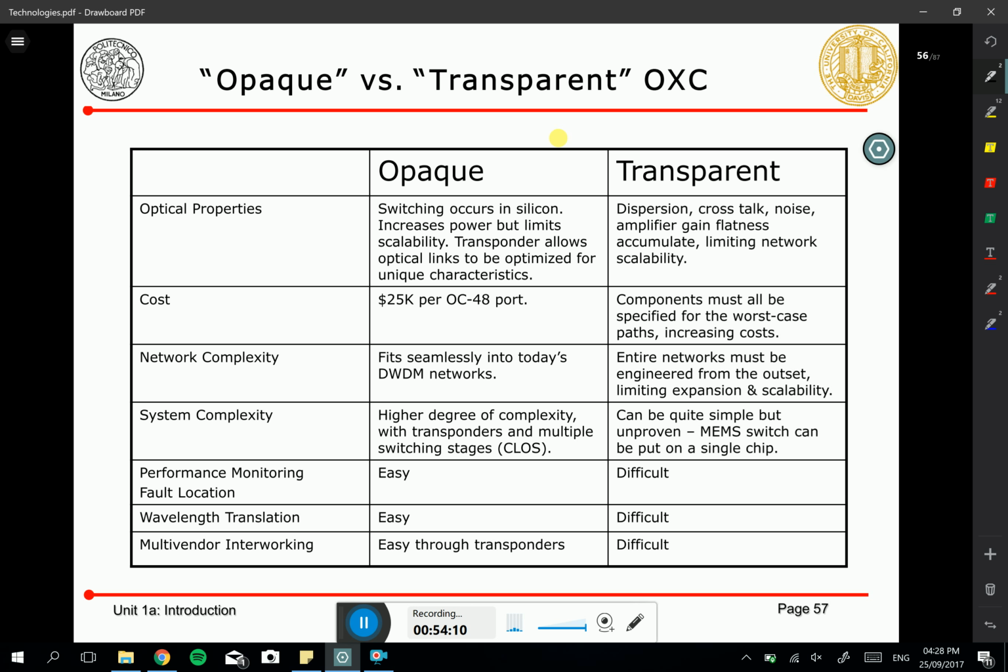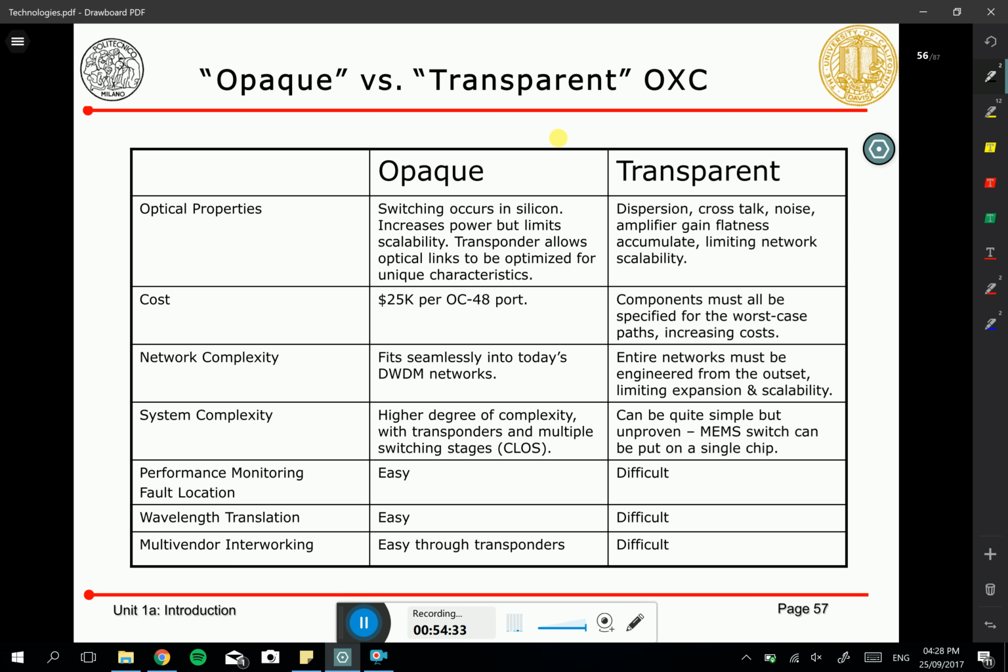People usually call this approach an opaque approach and this approach a transparent approach. Every time you go through electronics, they say that you're adding an opaque layer. You have to go back to the bits. Not very important. The important thing is that you see the difference between this approach and this approach.